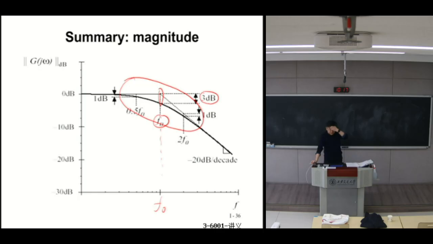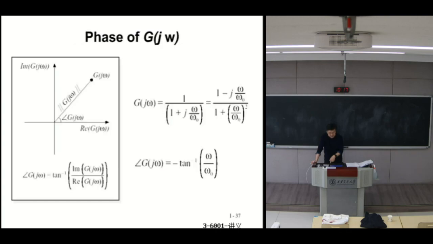So in engineering, we very often just use these two sections of straight line, or asymptotes, to represent a single pole transfer function, because the maximum error is only 3 dB.